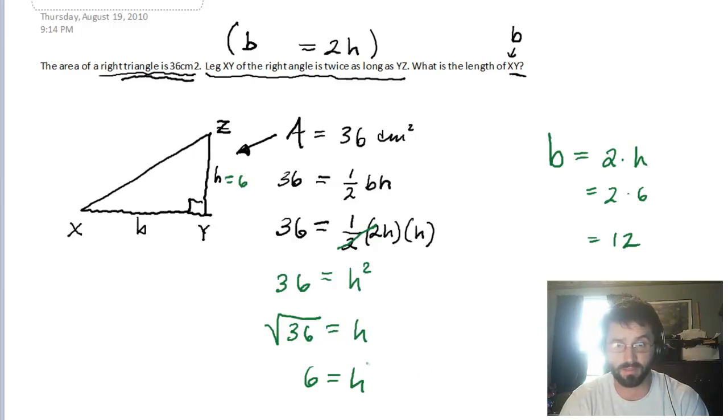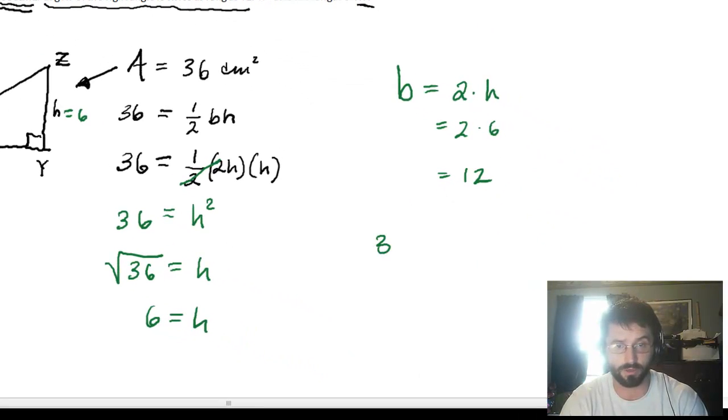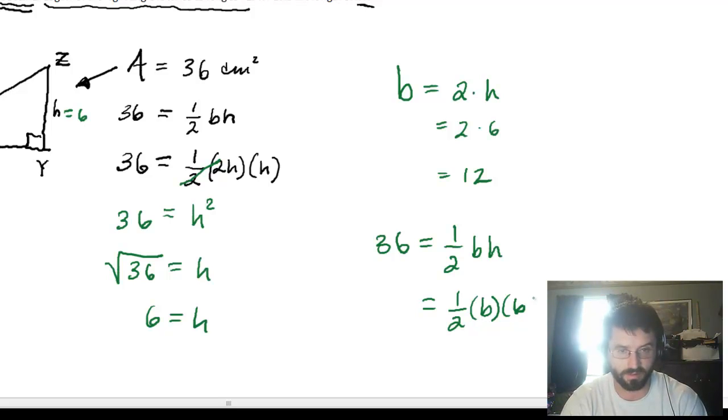You could also plug this 6 into our original equation, 36 is 1/2 base times height. We have 1/2 B times 6. I know that's confusing, I have a B and a 6, equals 36.